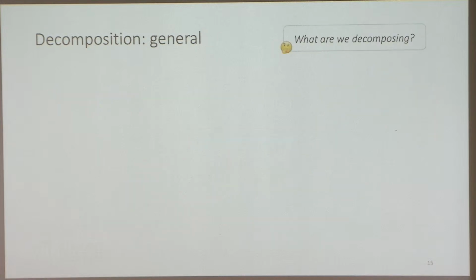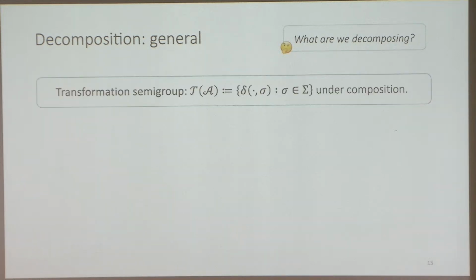More generally, we need to figure out what is the object that we're trying to decompose. And the object we're decomposing is called the transformation semigroup. This T(A) is defined as all the elements of the partial application of the transition function and also their composition. And just a quick reminder, a semigroup is a generalization of a group, which is only required to be associative.